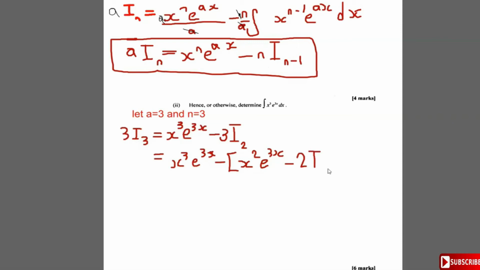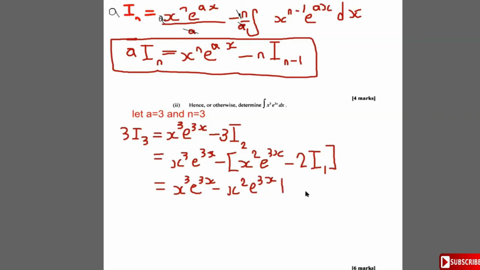Nice. Minus 2I1. Good. So I'm just going to expand this bracket now to say 3I3 is just x cubed e to the 3x minus x squared e to the 3x and then minus and minus become plus.